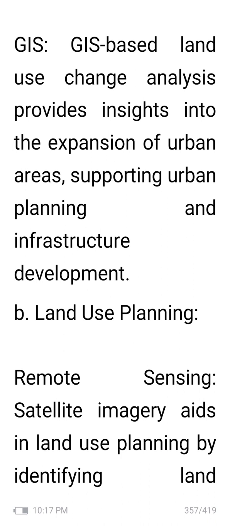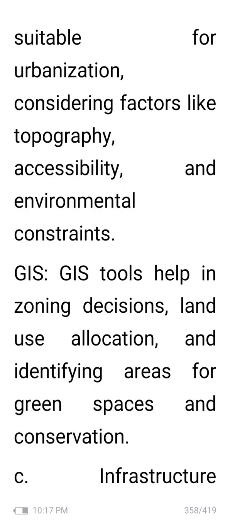And land use planning: satellite imagery aids in land use planning by identifying land suitable for urbanization, considering factors like topography, accessibility, and environmental constraints. Then GIS tools help in zoning decisions, land use allocation, and identifying areas for green spaces and conservation.